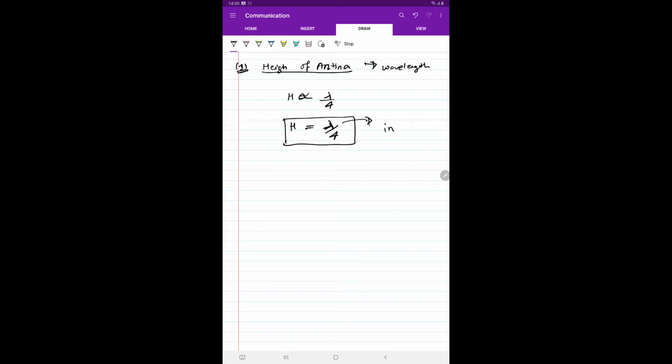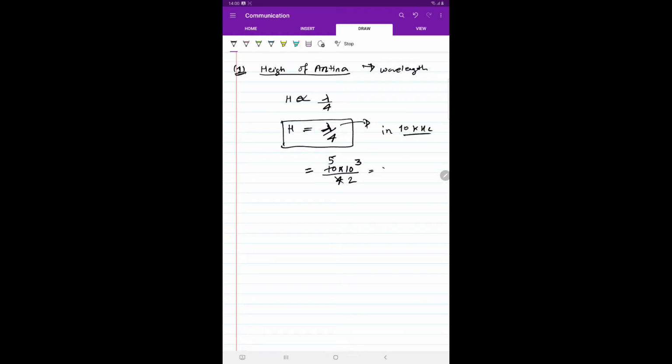If the frequency is, suppose, 10 kilohertz, then what will be the height of antenna? 3 into 10 to the power 8 divided by 10 to the power 4, then divided by 4, which is 2.5 into 10 to the power 3 meter.